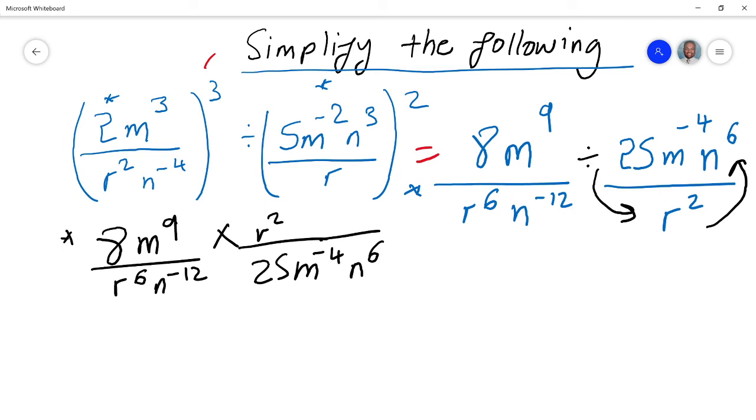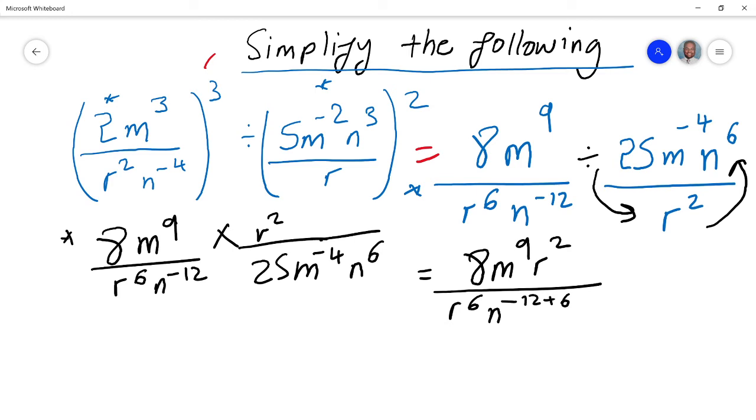So what's 8 m to the power 9 times r squared? So that's 8 m to the power 9 r squared divided by 25 r to the power 6. Now, if you look at n to the power negative 12 and n to the power 6, that's n to the power negative 12 plus 6, because remember, when you're multiplying those powers, you add them.